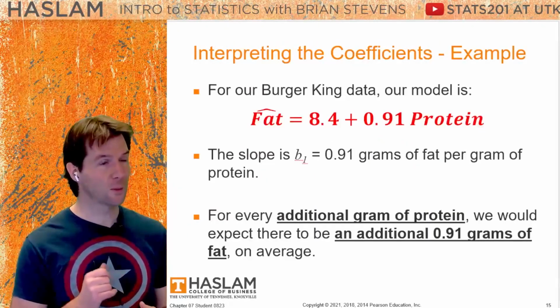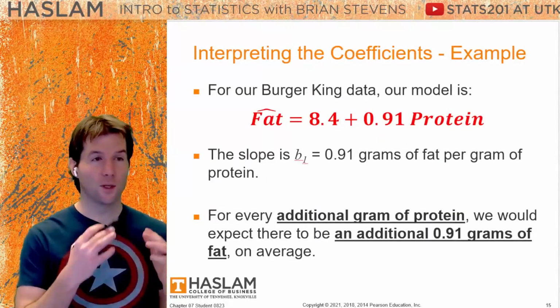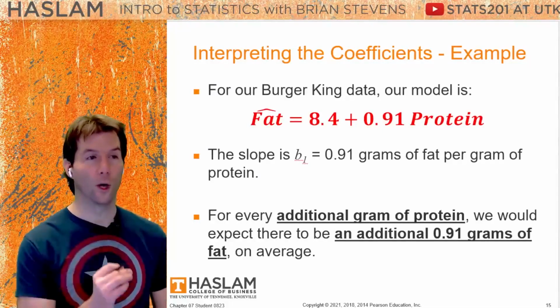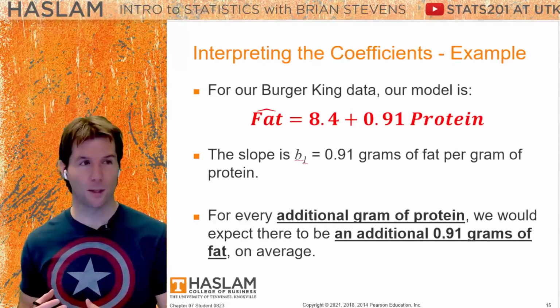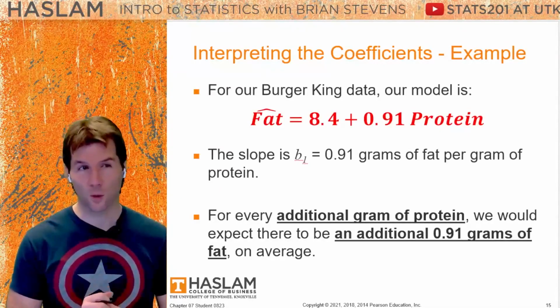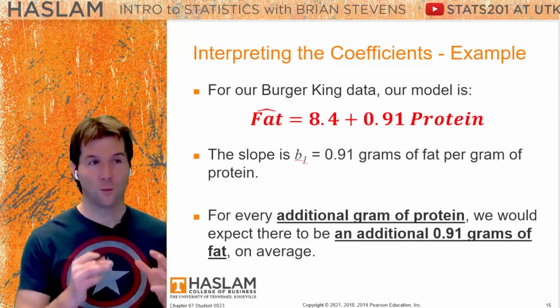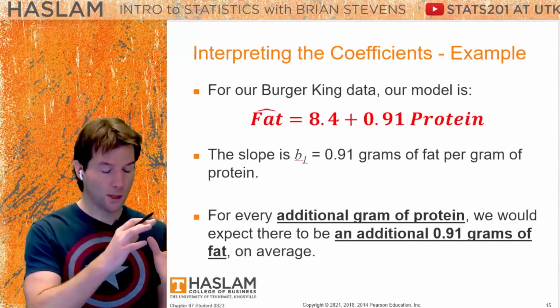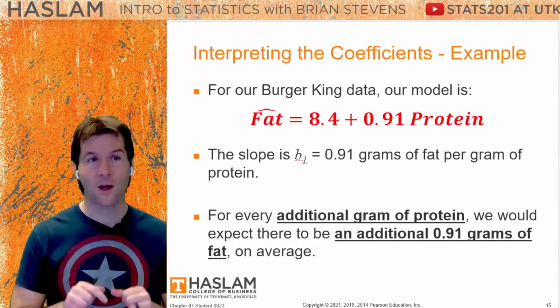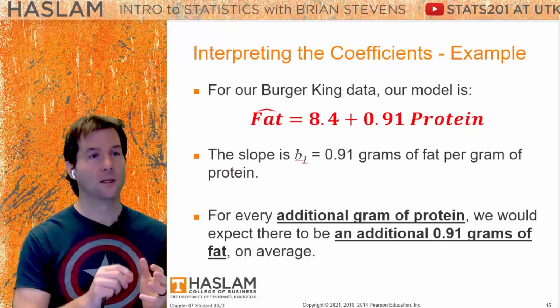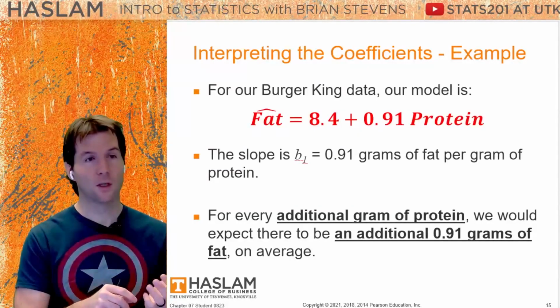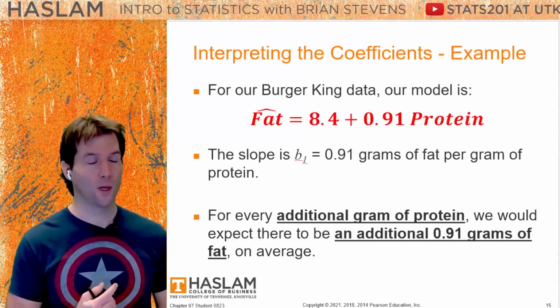The slope, which is noted as B1, can be said for each 1 unit increase in x, we expect y to increase by B1. Now notice, you need to put in the words right there. For each 1 unit increase in x, for each 1 gram increase in protein, we would expect fat to increase by B1 units, to increase by an additional 0.91 grams of fat.